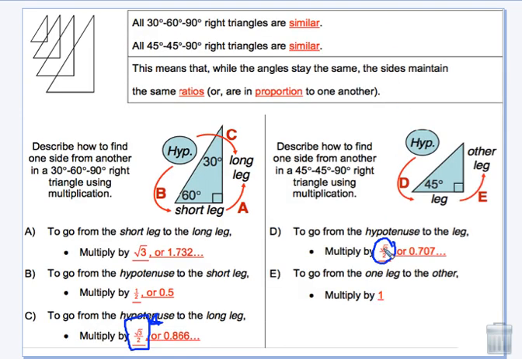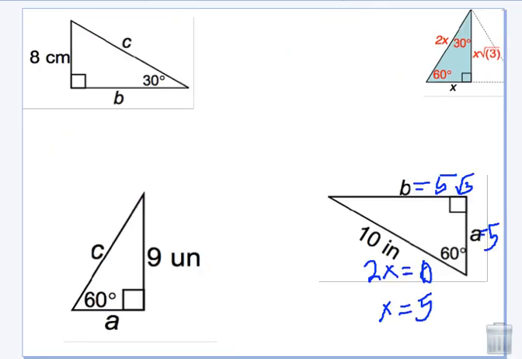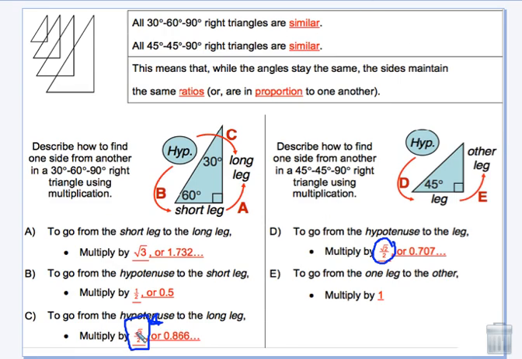And the same thing for my 30, 60, 90. Oops, I erased it already. But what we ended up doing is multiplying by the square root of 3 and dividing by 2. So the nice thing is now you don't have to do that long process and taking up half a page in math work. Just multiply by the square root of 3 and divide by 2.